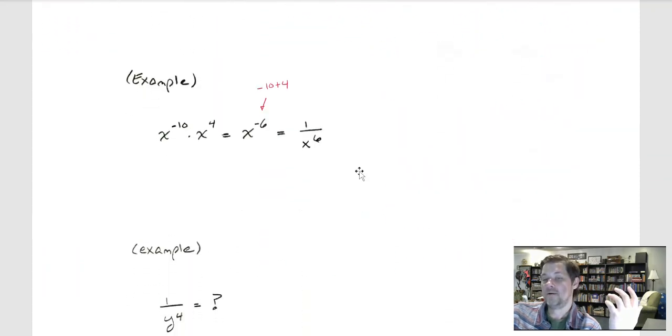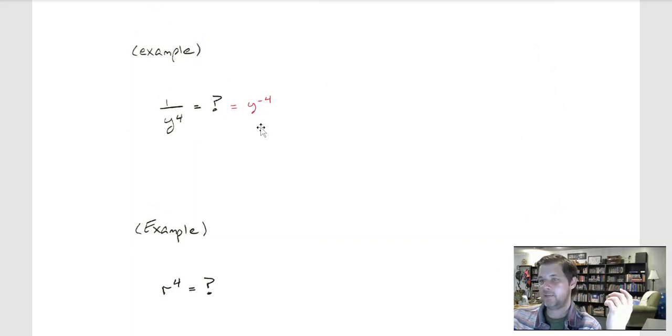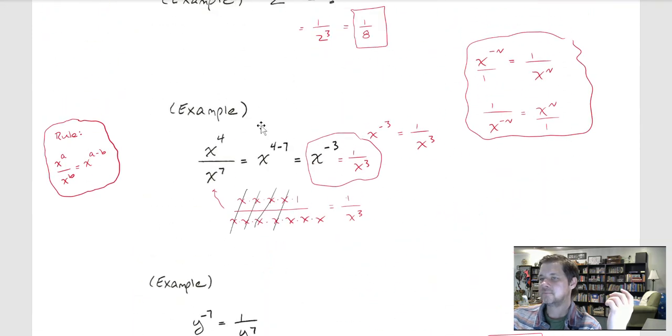Now, with that in mind, if I had 1 over y to the 4th power, suppose I needed some other way to write that, or I saw somebody write this in a different way, and I needed to make sure that I understood it. Then that other way would be this: 1 over y to the 4th power could also be seen as y to the minus 4 power. It's just like taking this rule that I had and applying it in reverse.